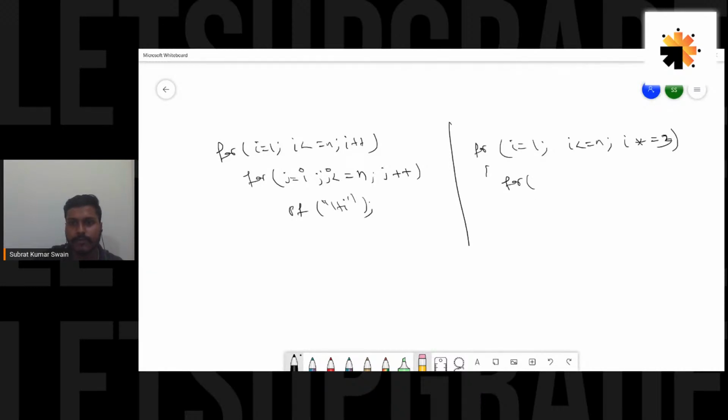For j equal to 1, j less than equal to n, j plus plus. Printf, let's say hello. So take these two questions with you, guys, and find the time complexity for these two code snippets. It would be very easy.